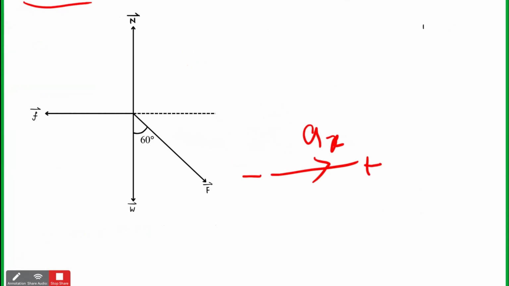Weight always equals mg, and the external force can be resolved into 2 parts, the x component and the y component.